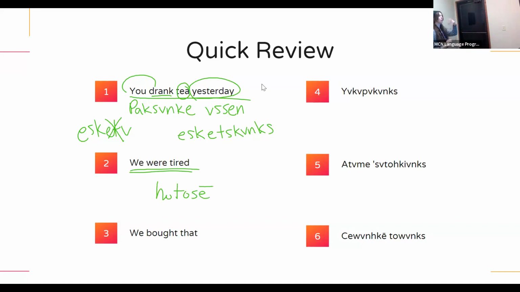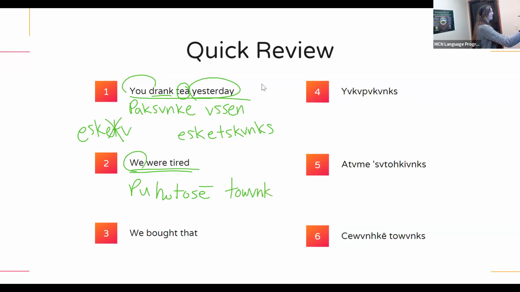We put that in the front, along with the part that says we, which in this case is boo. Boo hodozi, and then for past 2, it's a space, dounks. Bu hodozi dounks.